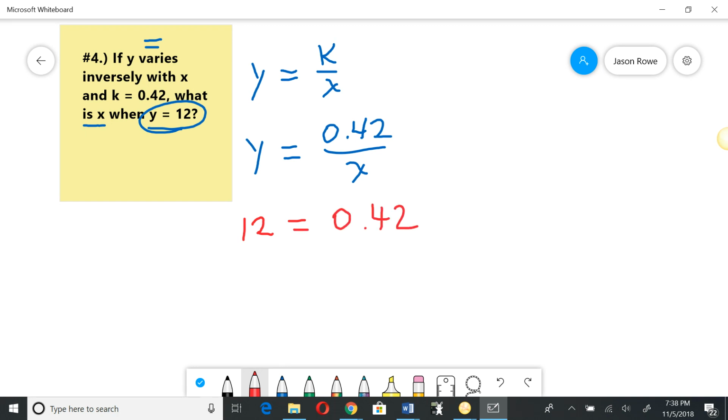Now, this is the problem that gives most people a hard time because they don't realize it's a two-step equation. This one actually requires you to do 2 steps here. And you can set it up like a proportion. Let's do it like that. So what I'm going to do is I'm going to put this over 1. And so now I have a proportion I can solve by taking cross products.